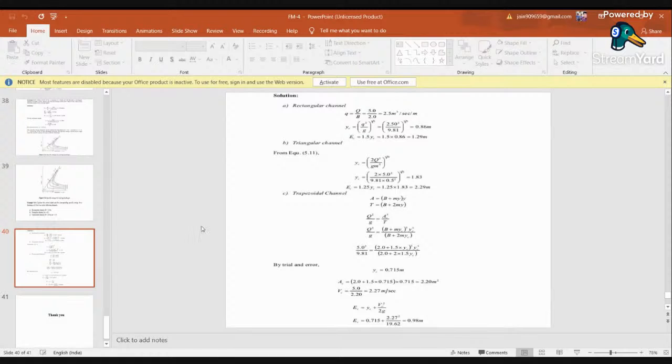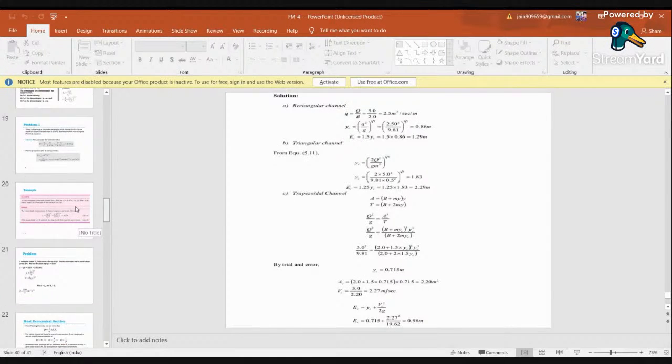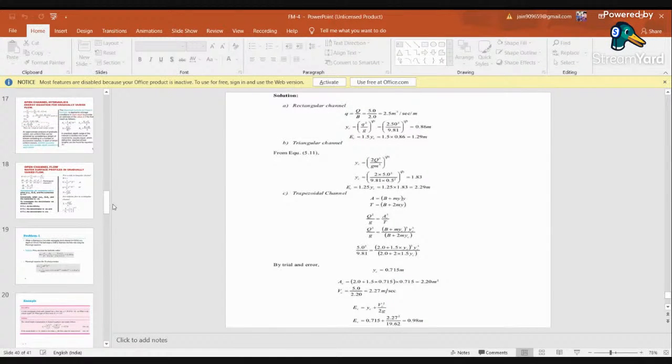So today we have learned about open channels. First of all, we have covered channel hydraulics or the specific energies with the channel conditions. Then we have seen the most economic channel sections. Also, we have learned about the types of flows, that is gradually varied flow or normal flow.